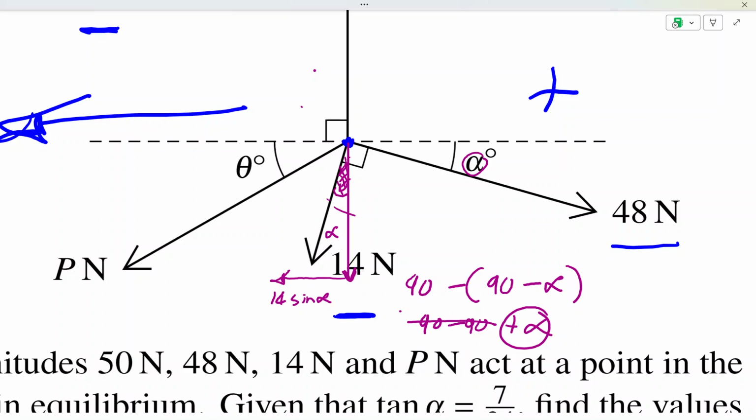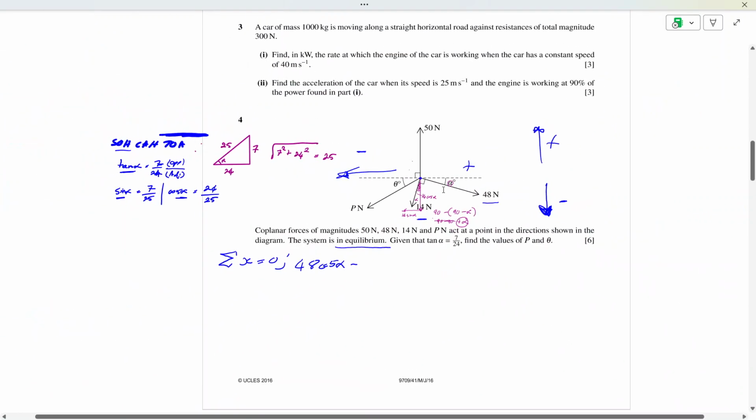You can see that this line here is the adjacent of this newly formed triangle. Therefore, this part here is going to be 14. When I resolve it, it's going to be 14 cos alpha, like that. So now I've resolved my angles.